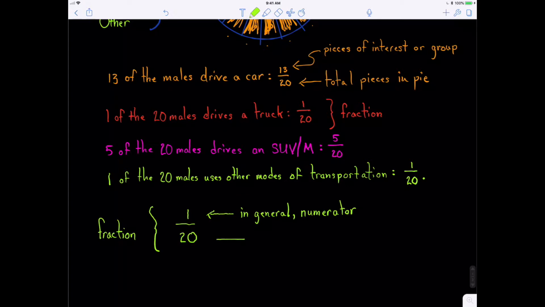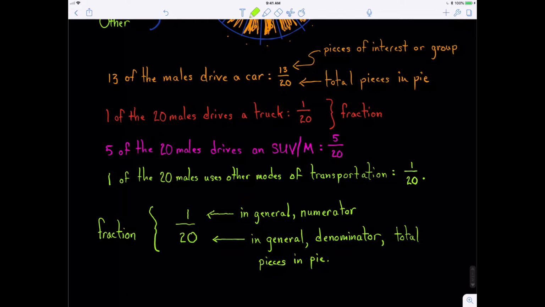And in general, the number in the bottom we call the denominator. Remember, the denominator is simply the total number of pieces in the pie. We'll even write that: denominator is total pieces in pie.